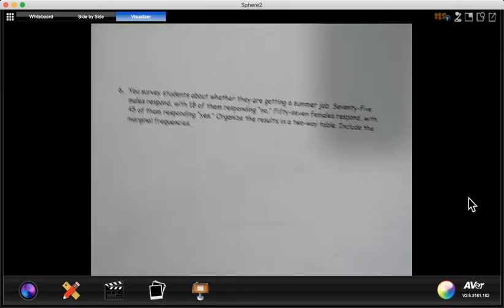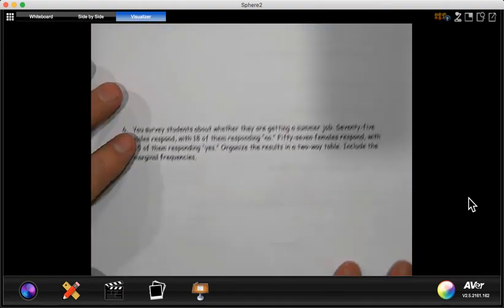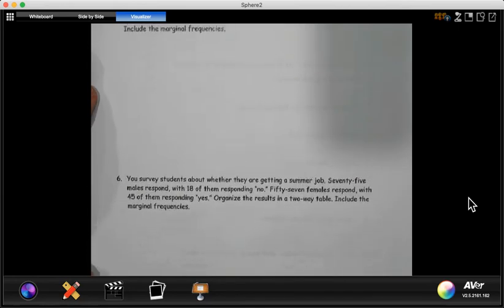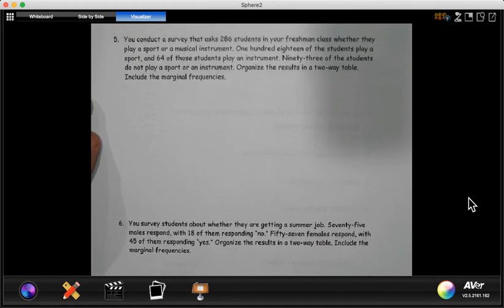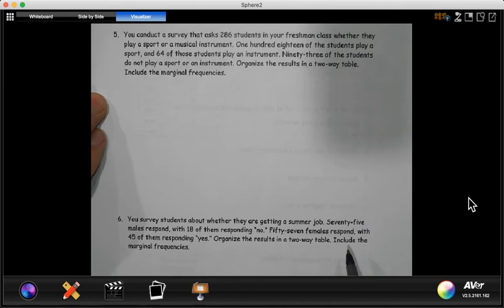All right. I think I can just keep that page there. So make the two-way table. Include the marginal frequencies. That just means our totals. So you conduct a survey that asks 286 students in your freshman class whether they play a sport or a musical instrument. 118 of the students play a sport, 64 play an instrument.